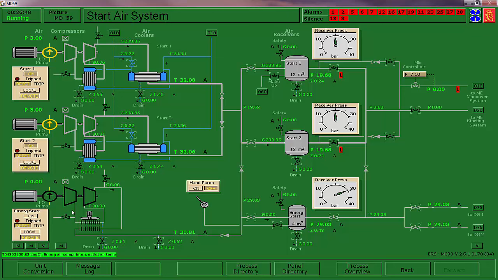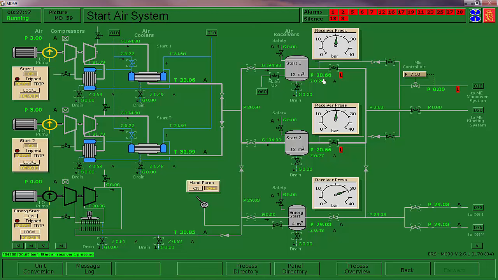My impression is that you would not normally use this air compressor, that it would be there for exactly what we're using it for, to fill up the emergency start air tank if you don't have power on the main switchboard. So I'm going to bottle this emergency start air receiver up once we've cleared the pressure limitations on these tanks.